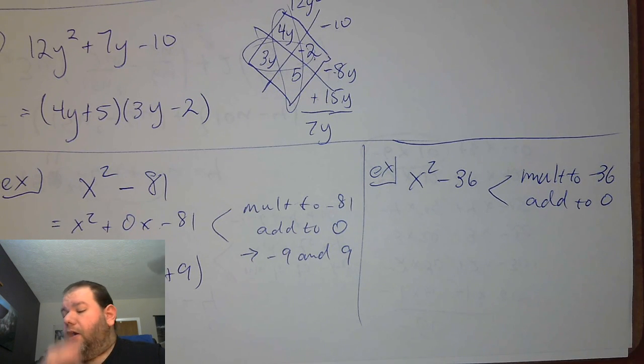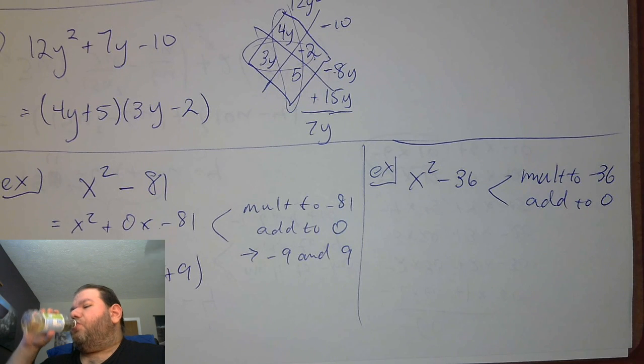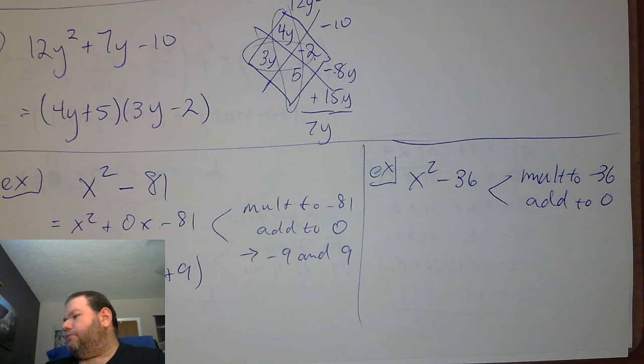What would that be? Again, if it adds up to 0, we know that it's probably the same number, just opposite signs. Negative 6 and 6. Good?